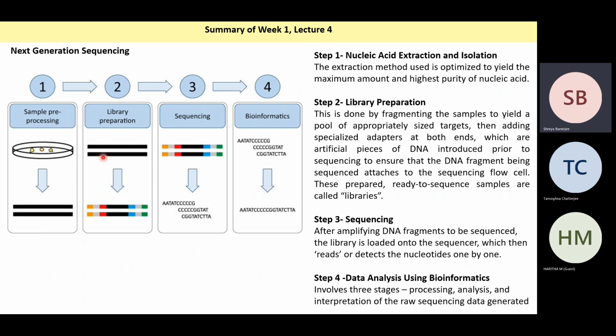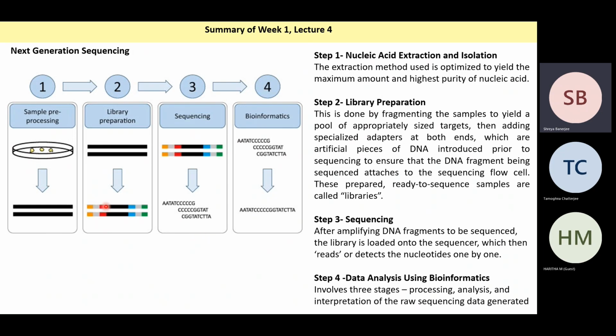This is done by fragmenting the samples to get a pool of appropriately sized targets and then adding specialized adapter DNA at both ends. So these colored fragments are called adapter DNA, and they are artificial pieces of DNA introduced prior to sequencing to ensure that the DNA fragment being sequenced attaches to the sequencing flow cell.